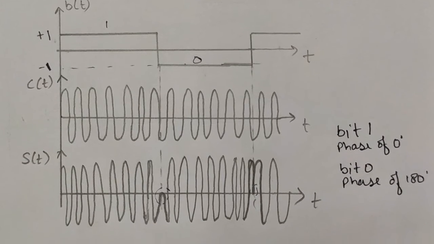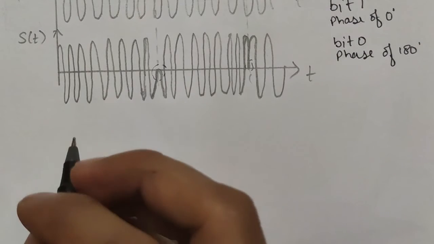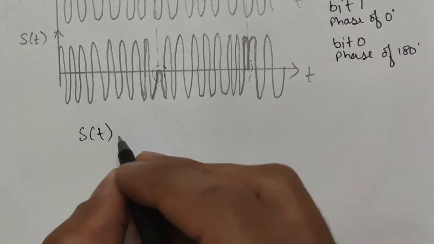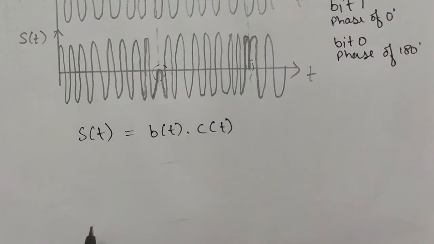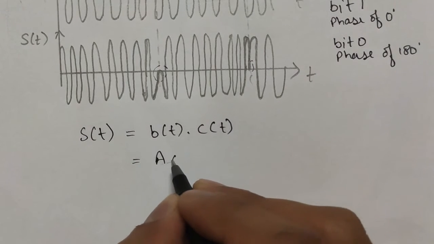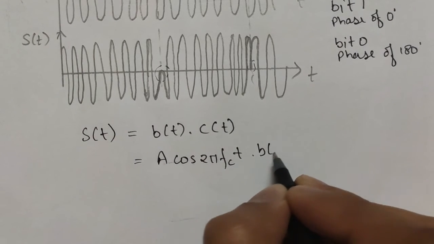If I write the equation of this, it is simply S of t is B of t into C of t, that is A into cos 2 pi fct into B of t.